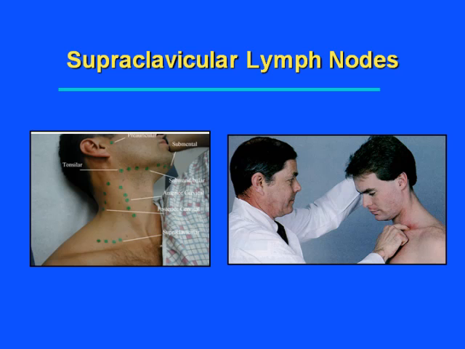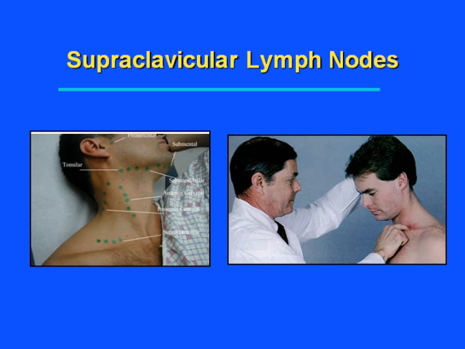You probably have further instruction on the lymph node system, so I'm just mentioning it briefly here. We show some of the major lymph node chains on the left, and on the right the physician examining the supraclavicular area. This is particularly important for lung cancer, which will commonly metastasize to the supraclavicular nodes.